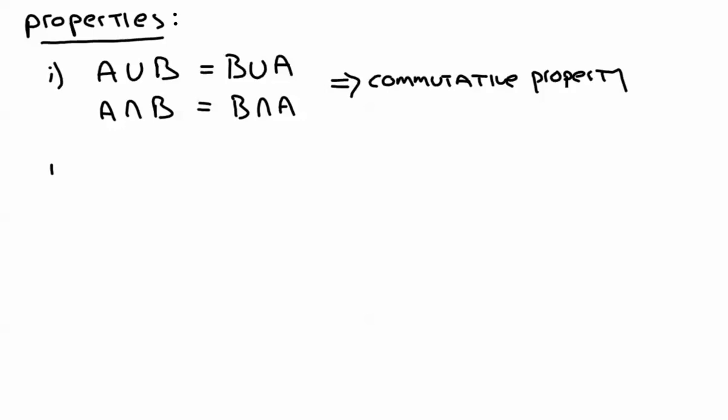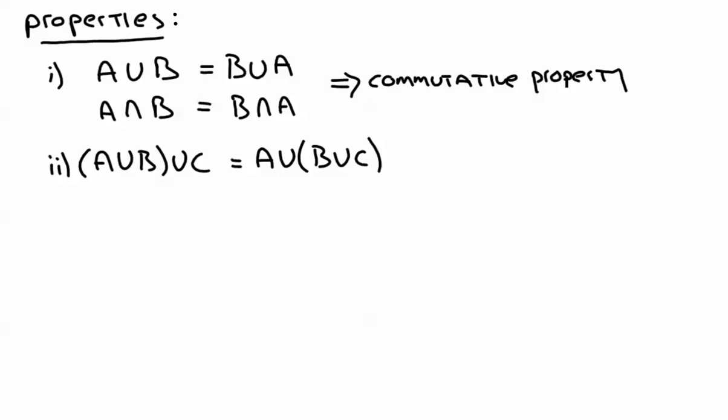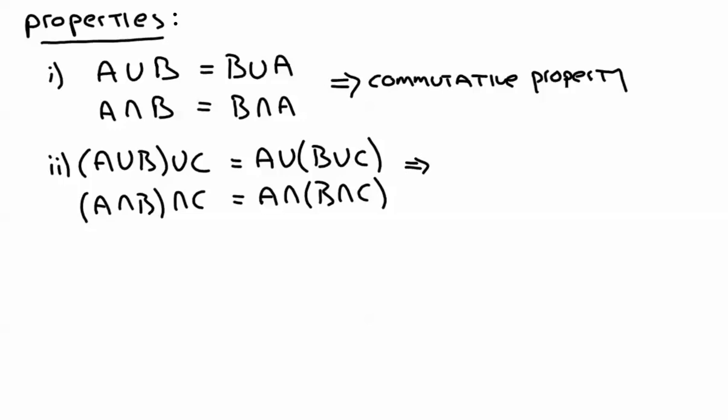Associative property. A union B union C equals A union B union C, and likewise A intersect B intersect C equals A intersect B intersect C. This is the associative property.